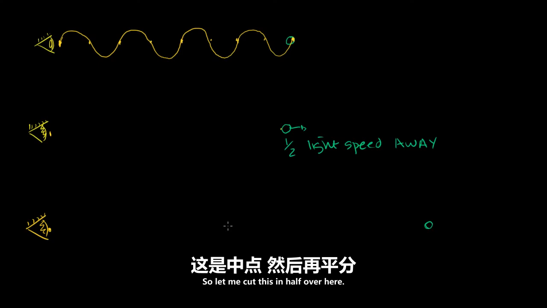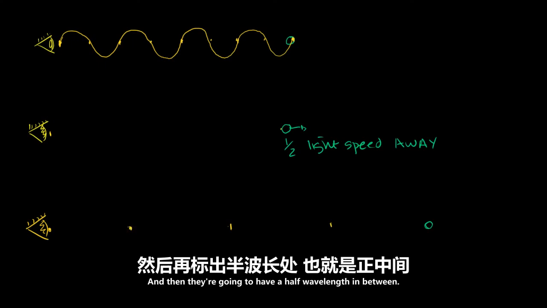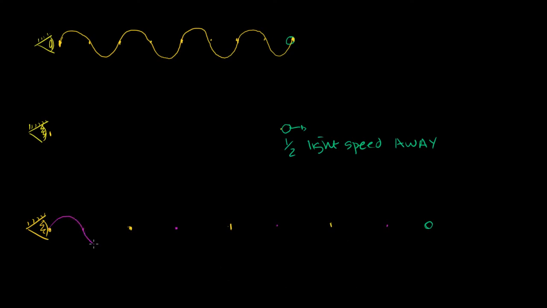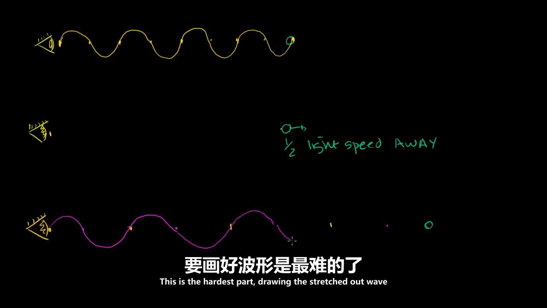So let me cut this in half over here. Let me cut each of those in half. So each of these are going to be a full wavelength, and then they're going to have a half wavelength in between. And so the waveform is going to look like this. Let me try my best to draw it. This is the hardest part, drawing this stretched out waveform.